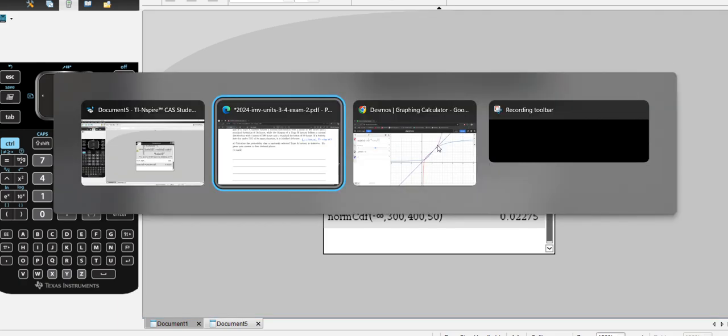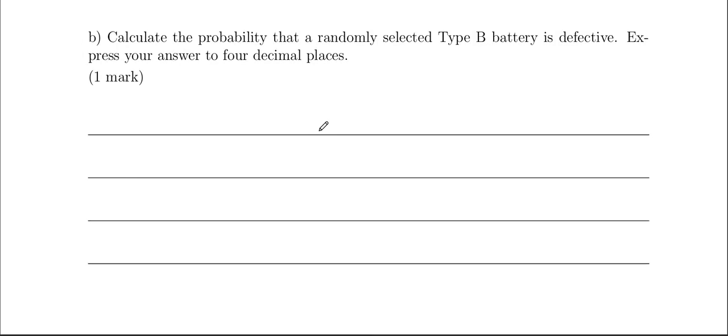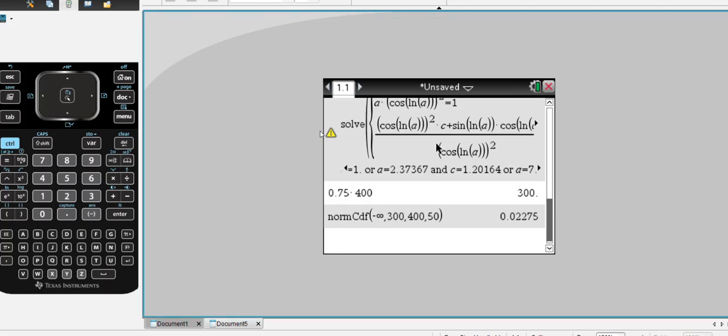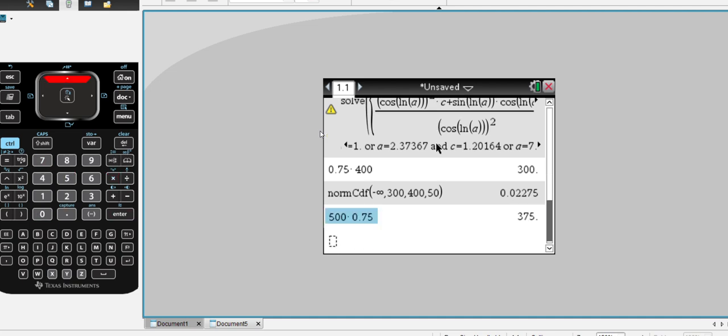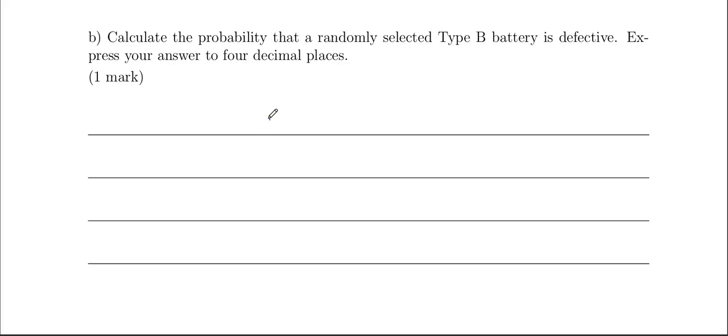So 0.02275, 0.0228 to 4 decimal places. And then same thing for B. So 500 times 0.75, so 375, with a standard deviation of 60 and mean of 500. 0.0186.